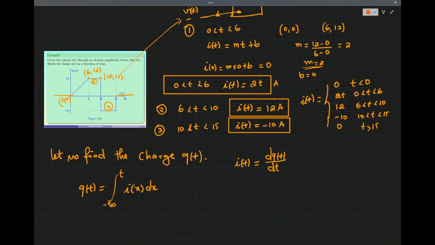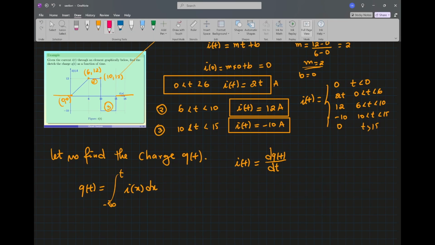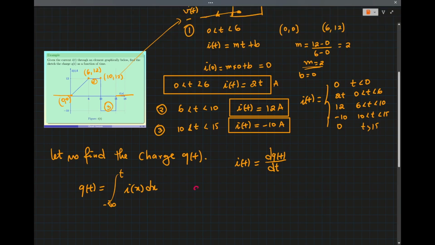We have to introduce a dummy variable to be able to integrate. So that meant when I have q0, when I have t0, then q.